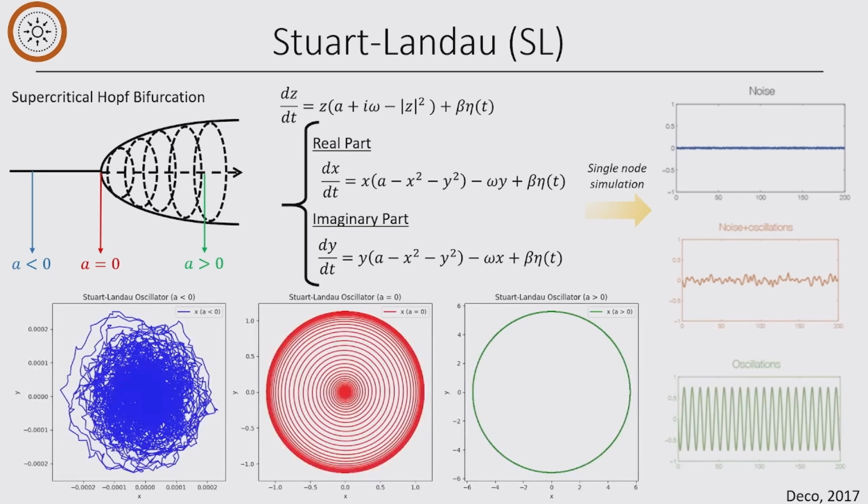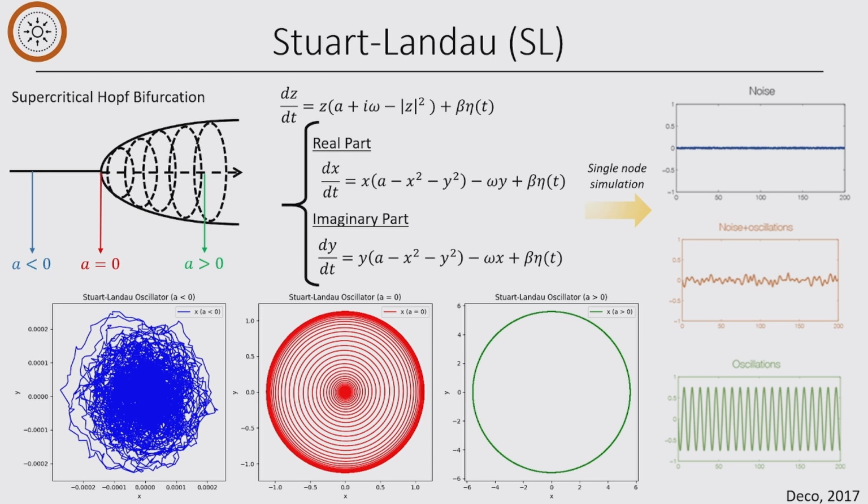So the Stuart-Landau model, this is a particular favorite of, well, I assume from what I read, favorite of Gus Deco and colleagues, who use it a lot for modeling fMRI.